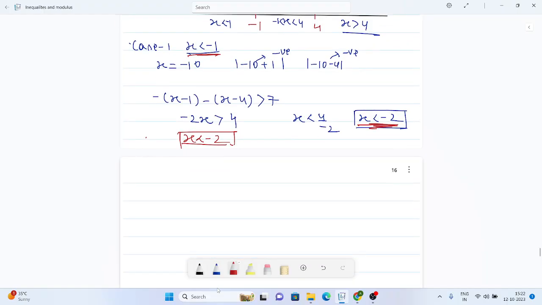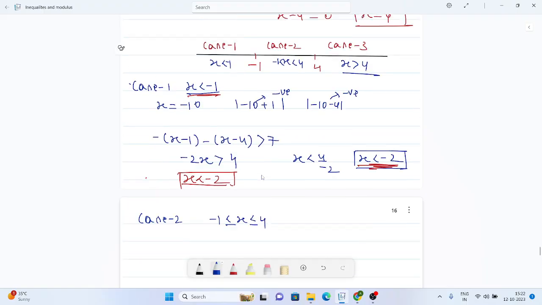Now case 2 is x from minus 1 to 4. Here you take the equal sign on the right side.